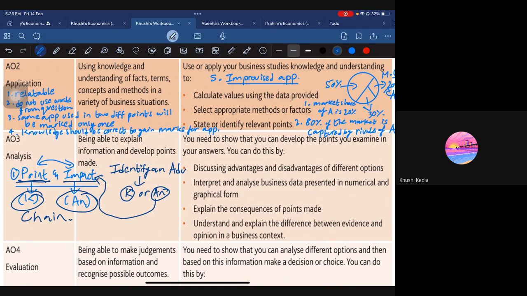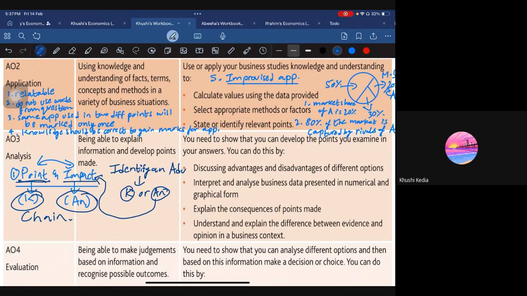Let's suppose he says which source of finance is better, the loan or the equity. Equity means issuing shares, or you could take the money in terms of debt, which is the loan.